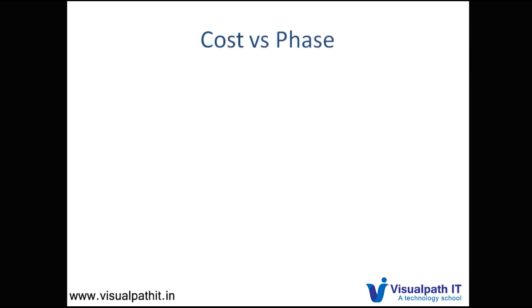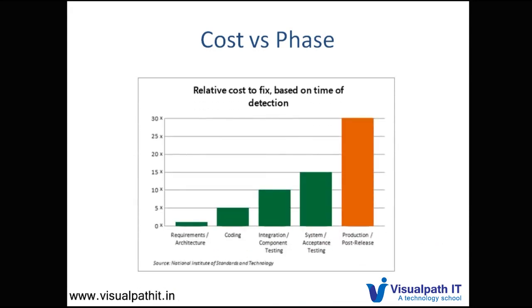Now before going to the other models, here is an interesting study, which is cost versus phase. In this diagram, horizontally we see the phase where a defect is found, and vertically we see the cost.